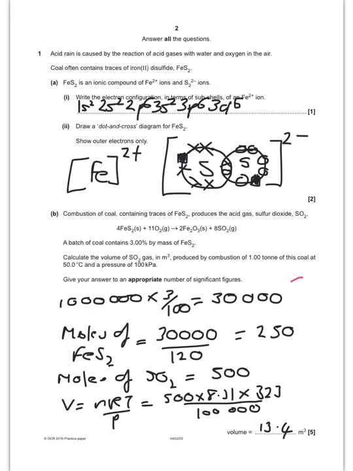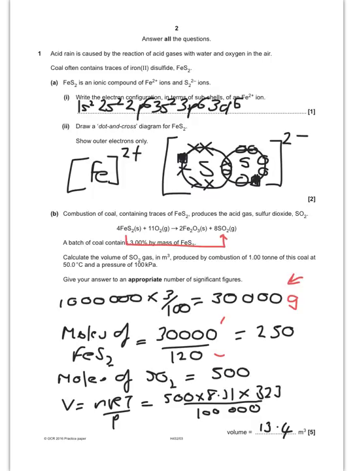So that means I have got 30,000 grams of FeS2. Then I find my moles of FeS2, which is mass over molar mass, to give me 250 moles. Now, moles of SO2 produced is a 1 to 2 reaction, so I need to times that by 2 to give me 500 moles.